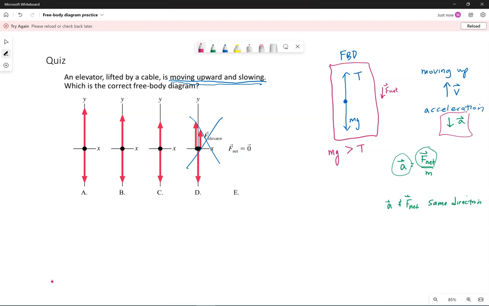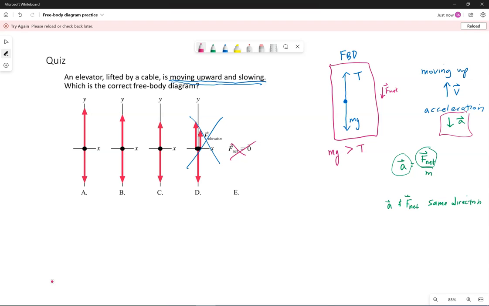So coming back to the problem, I know the net force can't be zero. Otherwise, there would be no acceleration. So my options to choose from are A, B, or C. In here, we have to assume these vectors are drawn to scale.